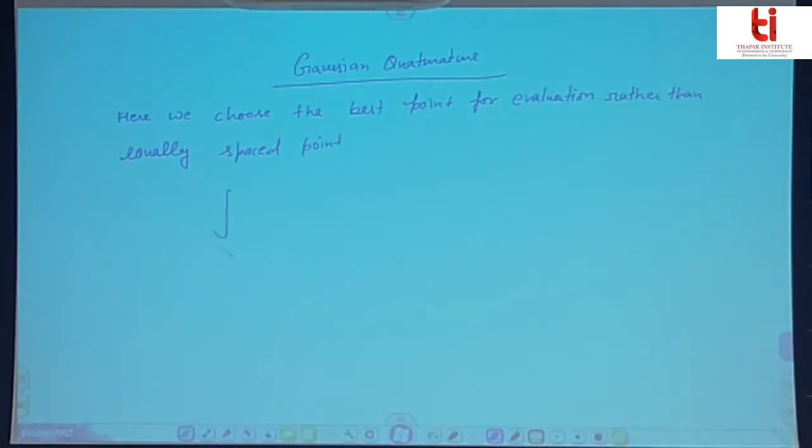Suppose the integration from a to b of f(x) dx is equivalent to the summation of lambda_i f(x_i), i equal to 1 to n.